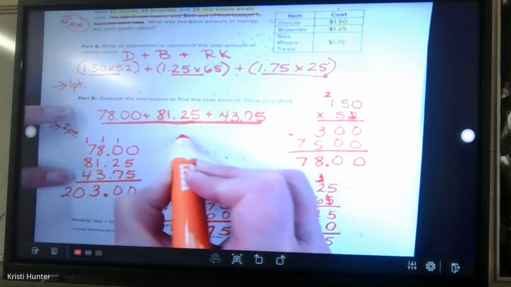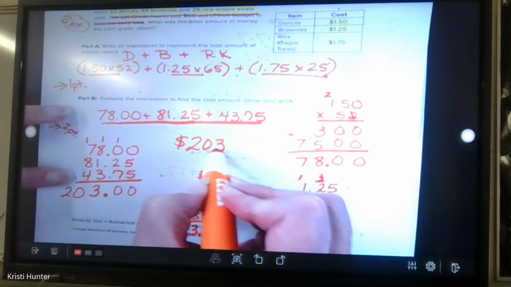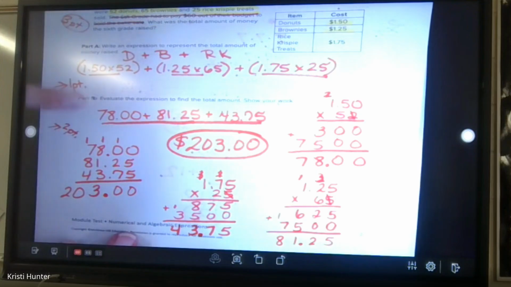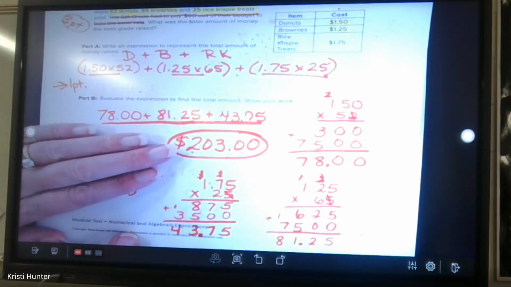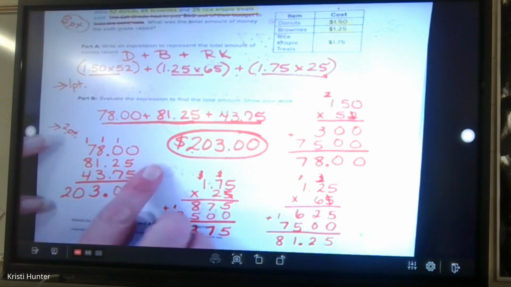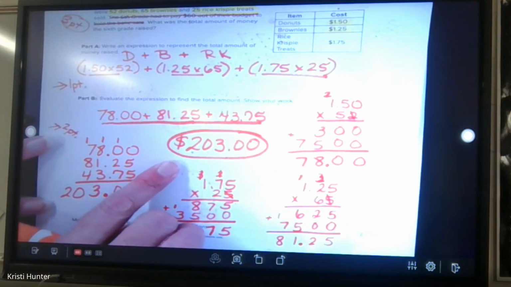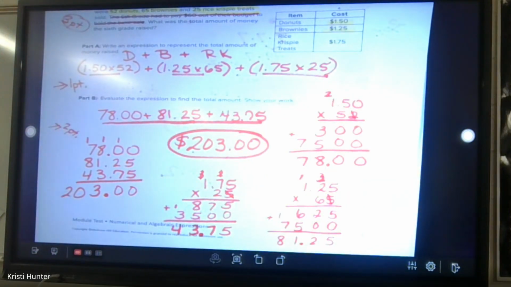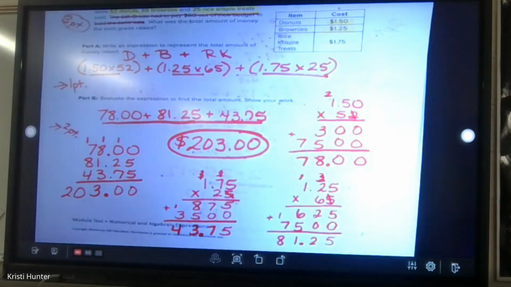So I'm going to get a final answer of $203 here. So again, the fact that you can follow your order of operations and get these numbers and then add correctly, the math piece gets you 1 point. Following your order, because that's a big part of our numerical expression lesson, is being able to follow those steps.